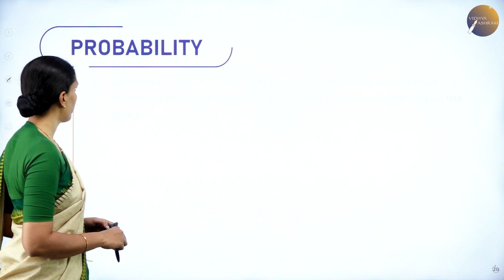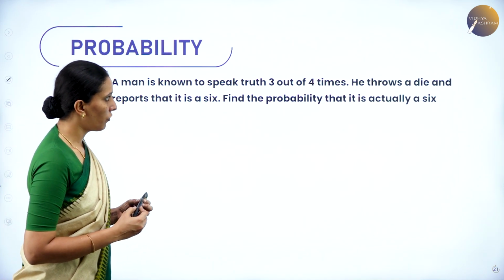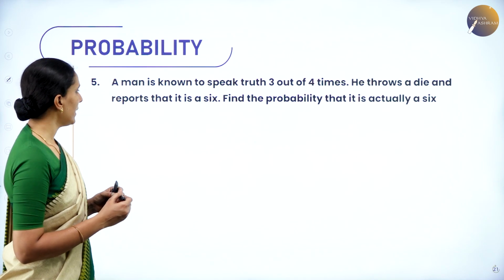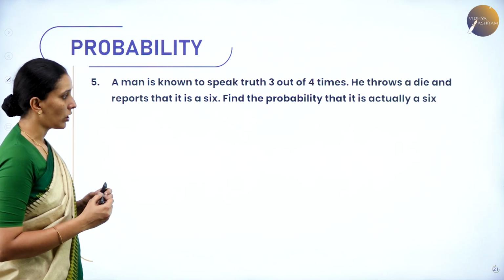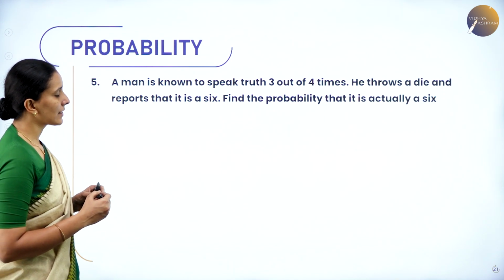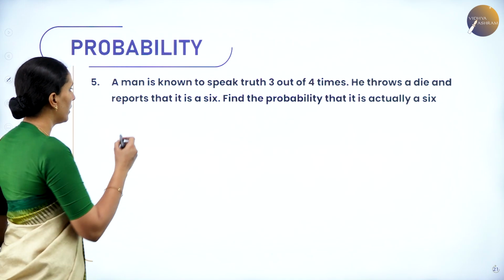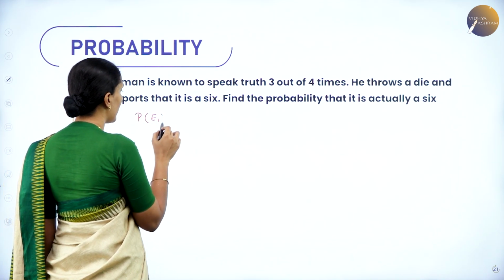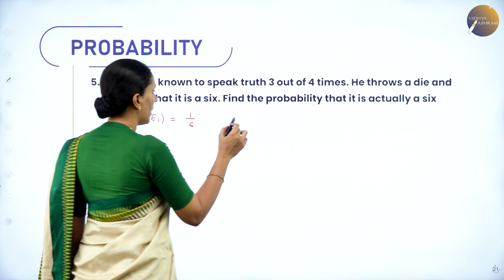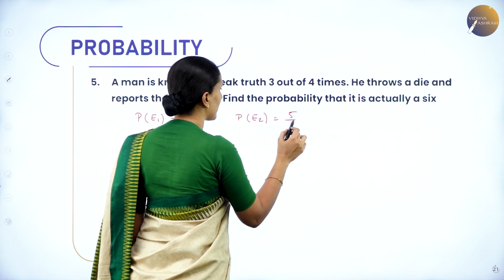Next question. A man is known to speak truth 3 out of 4 times. He throws a die and reports that it is a 6. Find the probability that it is actually a 6. First, let us consider E1 and E2 as throwing a 6 and not throwing a 6. The probability of E1 is 1 by 6 and the probability of E2 is 5 by 6.